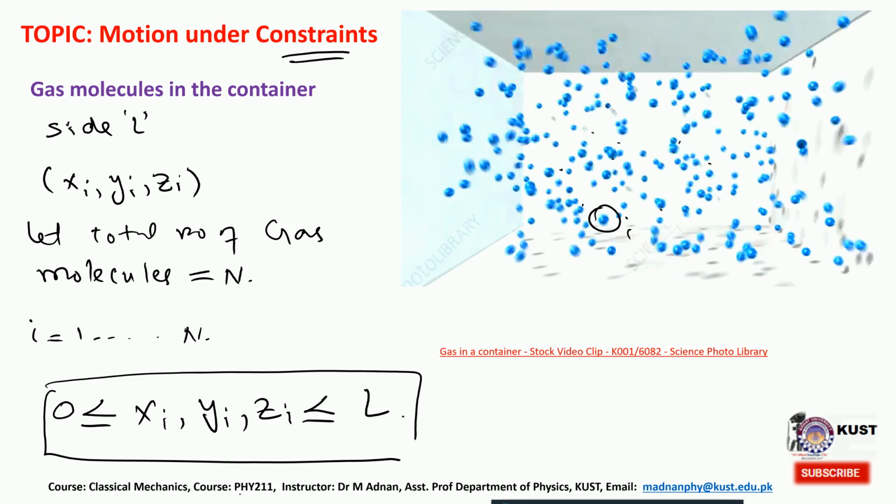Once this is constrained to move inside this vessel of side L, the configuration of this ith particle will satisfy this equation. Again, this is expressed in terms of inequality, so this is a non-holonomic constraint.